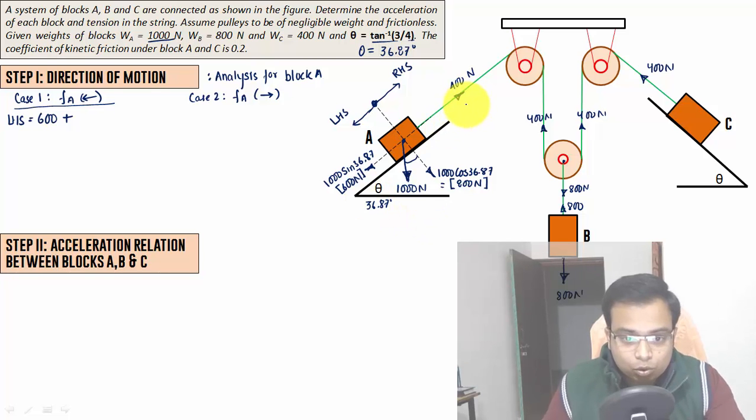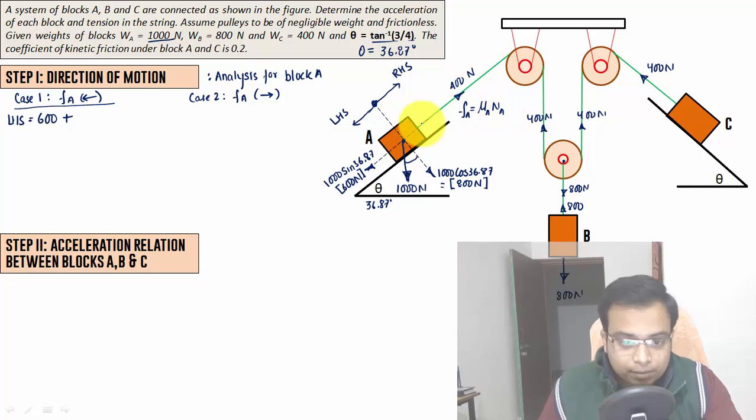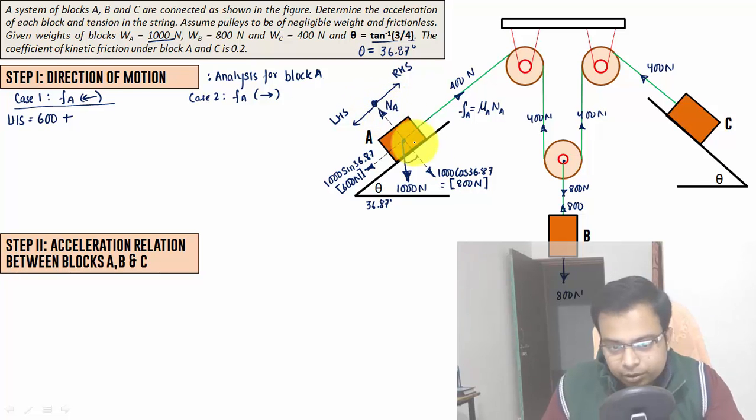Friction force is a product of the coefficient of friction and the normal. So the normal will be somewhere here. For block A, let's say the normal is represented by NA. You just try to do this, NA will be equal to 800.